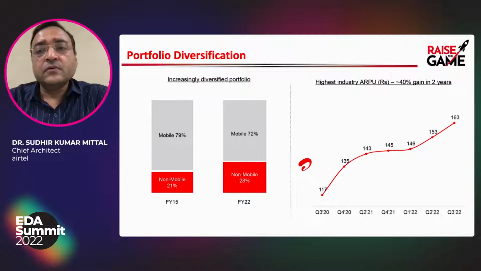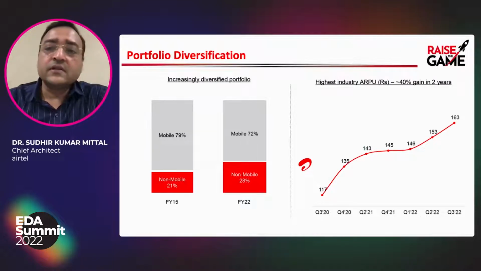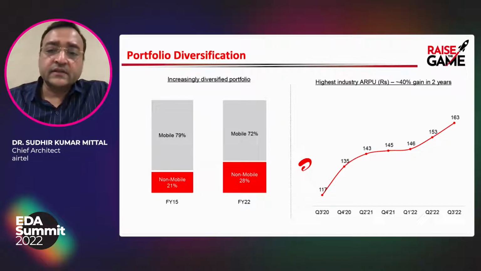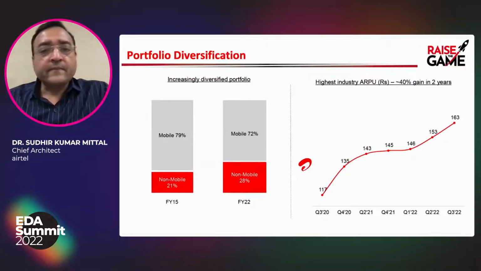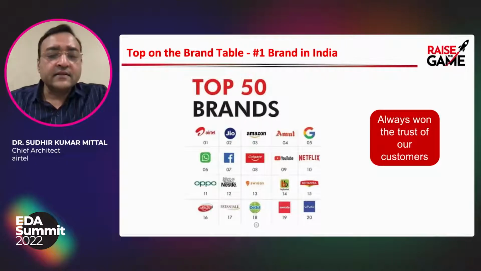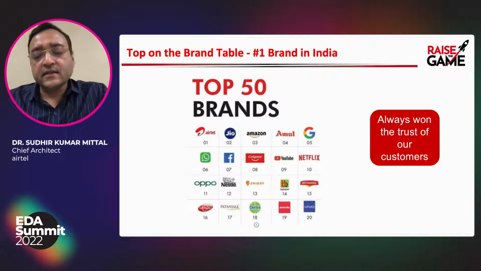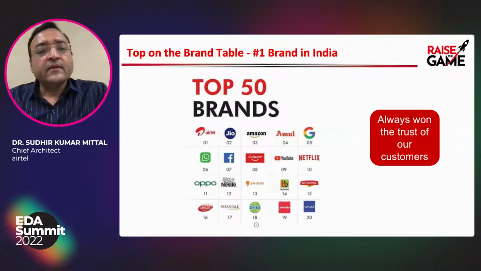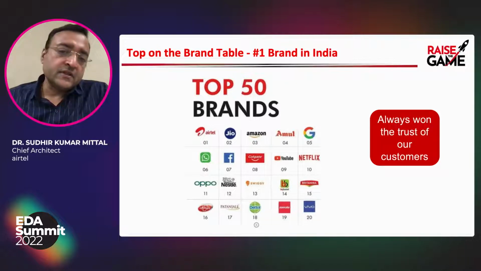And the ARPU, which is average revenue per user, has also risen 40% across the years and quarters. Another point here is that if we see the top brands in India, Airtel is the number one brand, as shown in this chart of top 50 brands, and we have always won the trust of our customers.